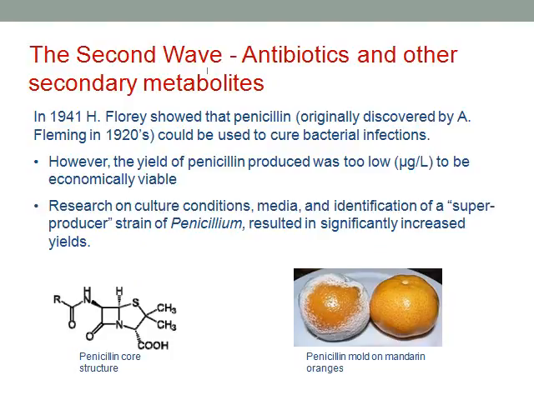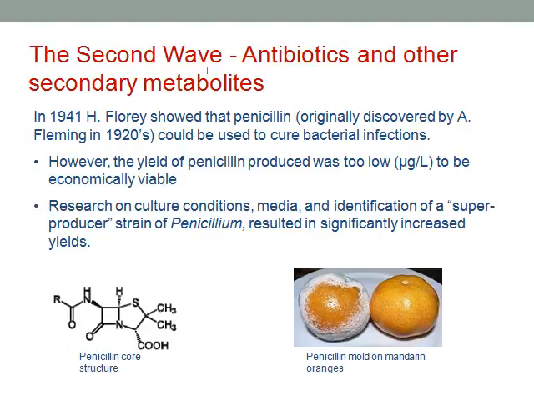Let's turn our attention to the second wave of biomanufacturing and such components as antibiotics and other secondary metabolites. As you'll recall, secondary metabolites are those which are produced during the stationary phase of microbial growth.